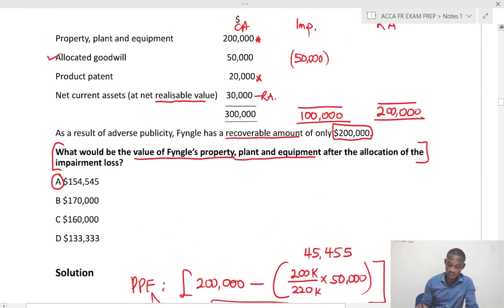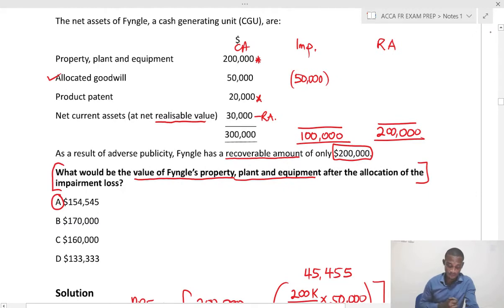Now let me elaborate on this further. At this point we have answered the question. But just to elaborate, if we look at the product patent, the allocated impairment for this will be 4,545.